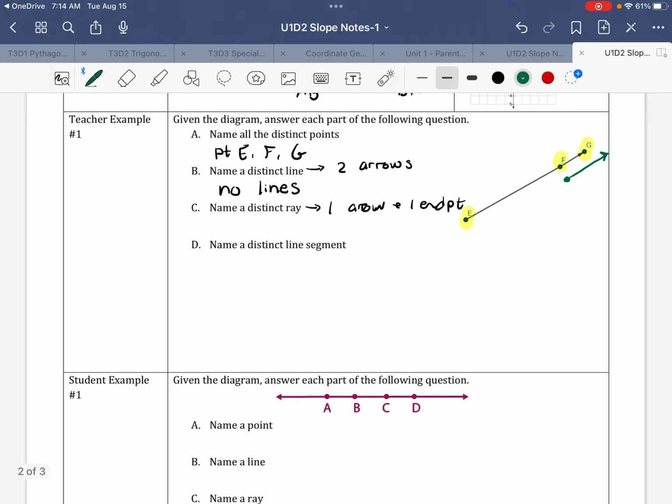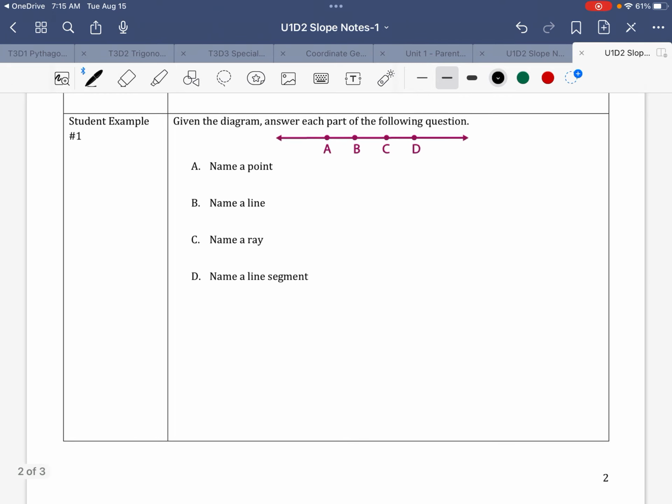So we're going to have our endpoint at F, and then the arrow going past G. And lastly, if I want to name a line segment, let's say I start here and I want to end here. I have my endpoints at E and F, and I can name that segment EF. Go ahead and try the student example on your own.